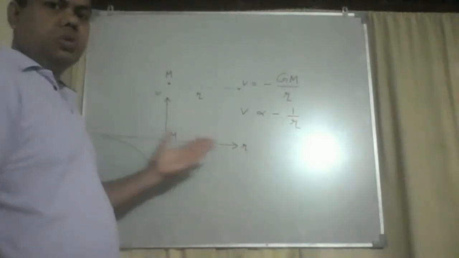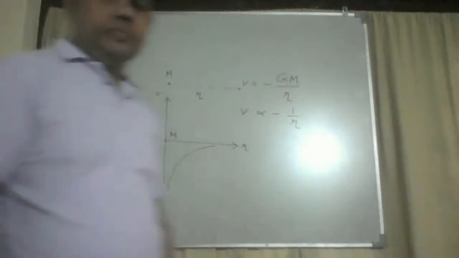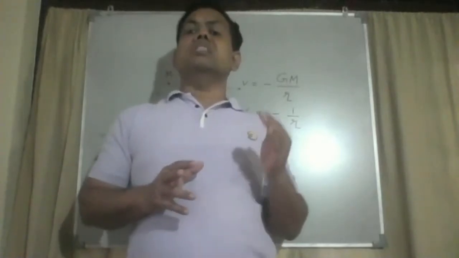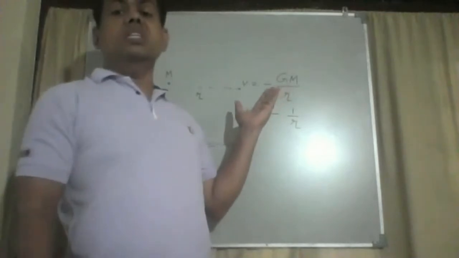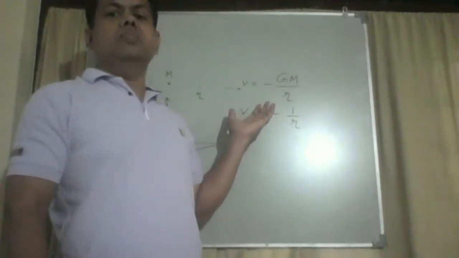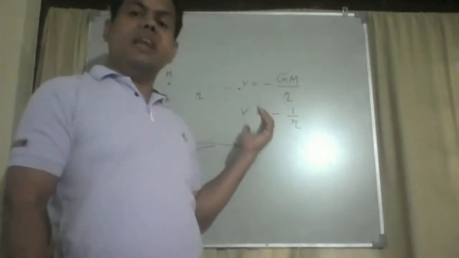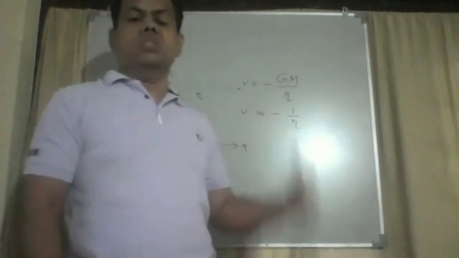Therefore, the graph is like this. Gravitational potential at a point outside a spherical mass will also have the same relationship. And if we graphically represent that, it will look like as follows.